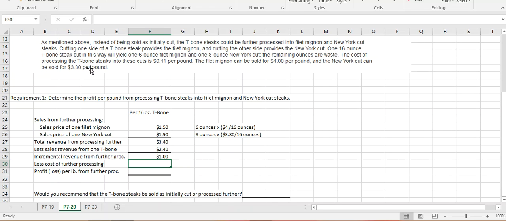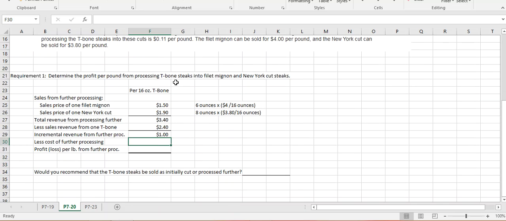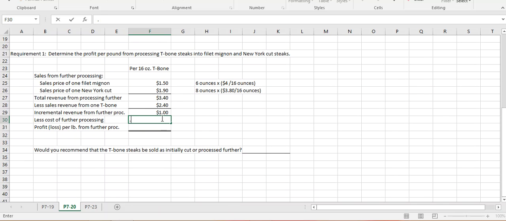All right, so then it says there's a cost of further processing, and we're actually given that. It says the cost of processing the T-bone steaks into the other two cuts is 11 cents per pound. So we have that additional cost to consider. The profit or loss from processing further is incremental revenue less the cost of processing further. So we actually have an 89-cent profit per pound from processing further.